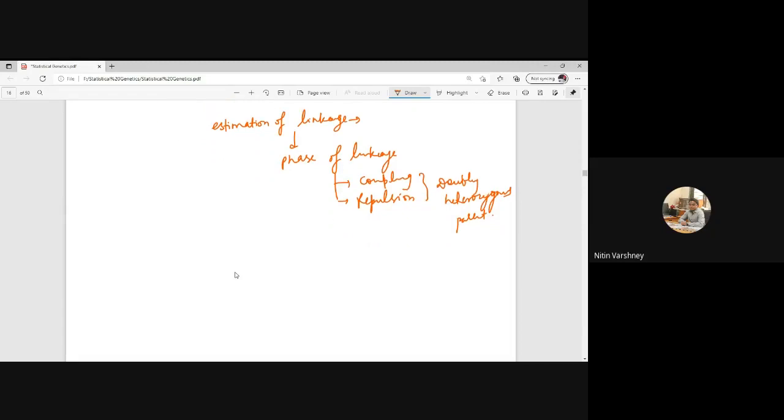In this we have to consider which is the recombinant type and which is the parental type. Suppose this is my heterozygote parent. It will produce four types of gametes: AB, Ab, aB, and ab. I will consider these as the parental type and these as the recombinant type, and the recombinant type is produced due to crossing over.